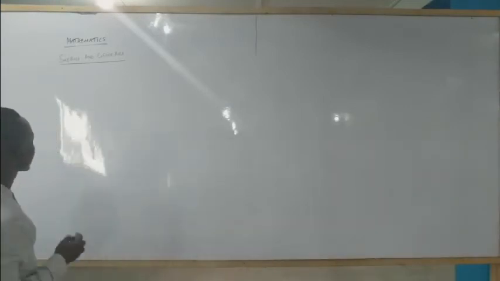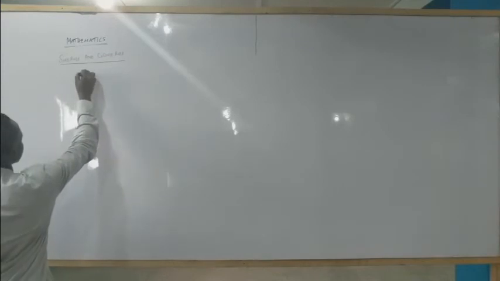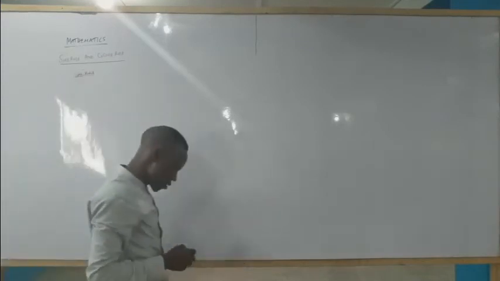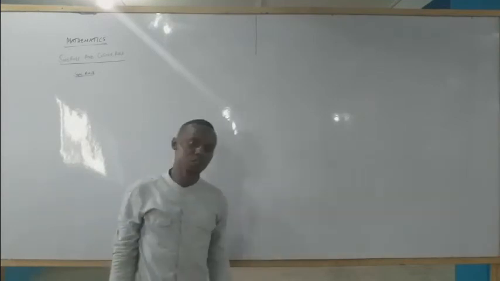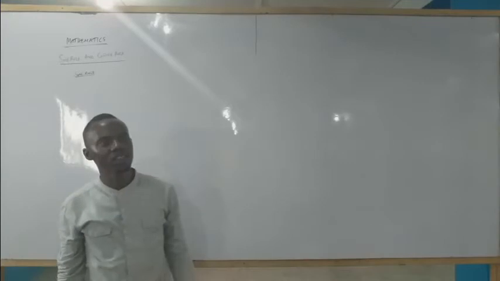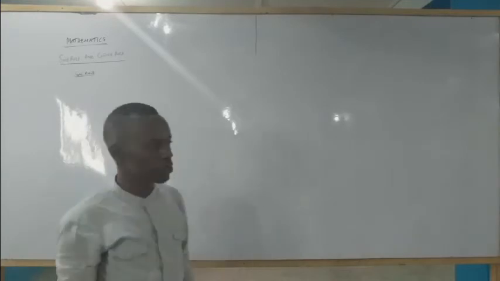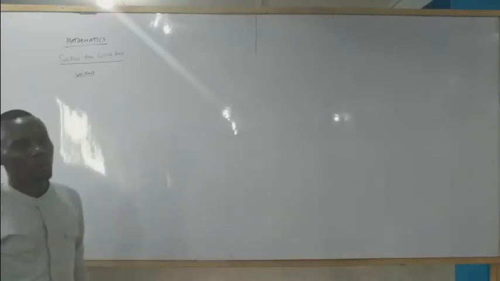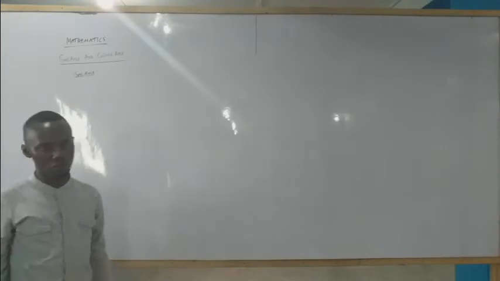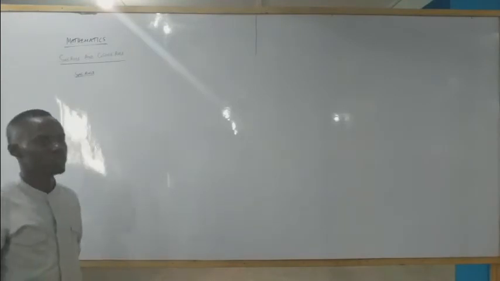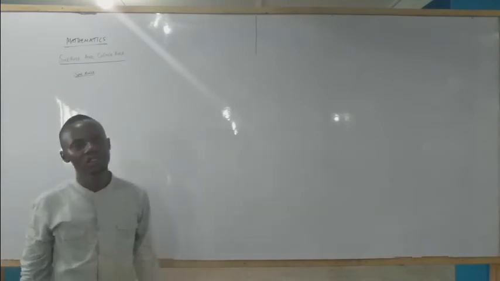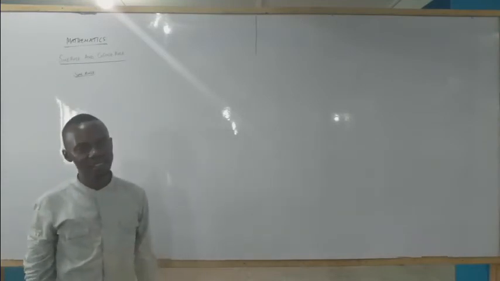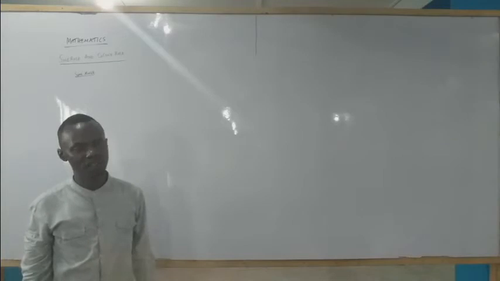So here, we're going to treat sine rule. Sine rule states that in a non-right angle triangle, the sine of each angle to its corresponding or opposite side are constant.